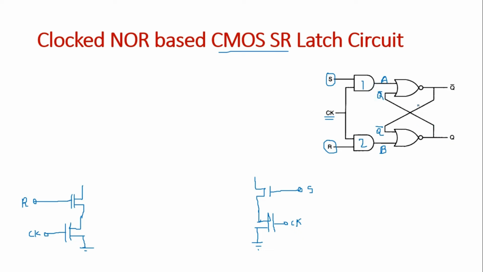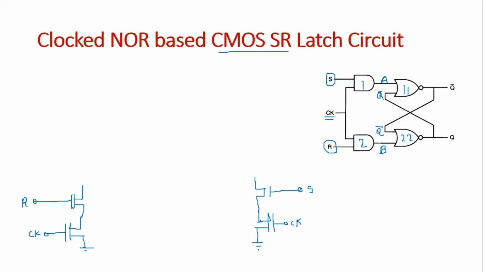So let's say this is NOR gate 1 and NOR gate 2. In NOR operation, the NMOS will be in parallel. So A means S and the clock, the series connection of S and clock. Similarly, B means series connection of R and clock.